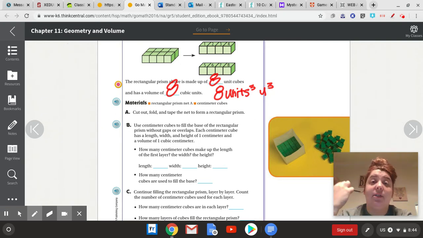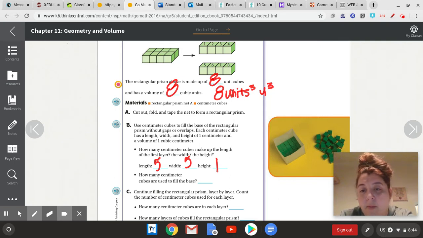So I'm going to give you a scenario and we're going to figure it out. Let's say that we have a length of 5, a width of 5, and a height of 1 on that first layer. That's kind of what you can see there. They went across 5, they went back 5, and obviously they only went up 1 because they only did 1 layer.